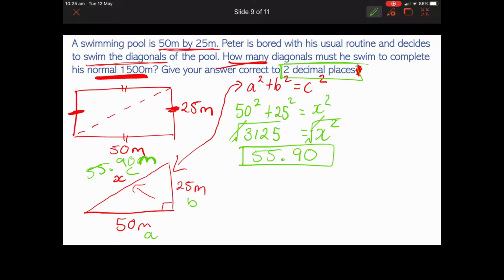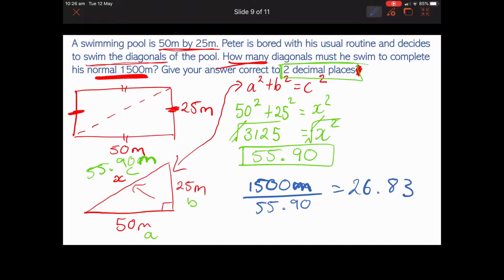We can figure out how many laps he has to do. So I'll change my pen color again. I'm going to do that by taking, he wants to do 1500 meters, and each lap is 55.9 meters. And what I get is 26.83, which means that it's going to be very hard for him to measure 0.83 of a lap.